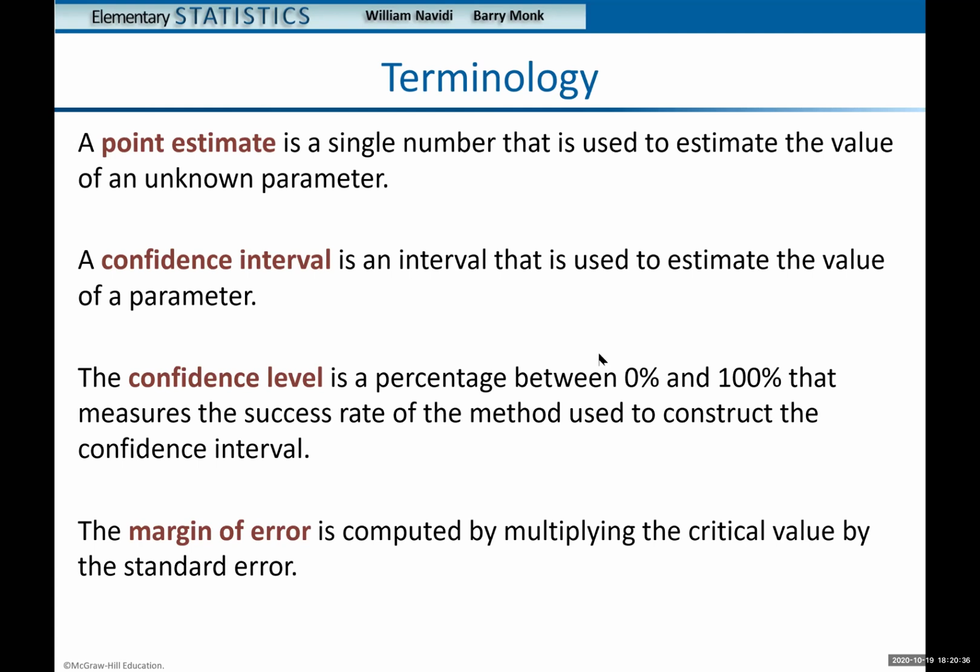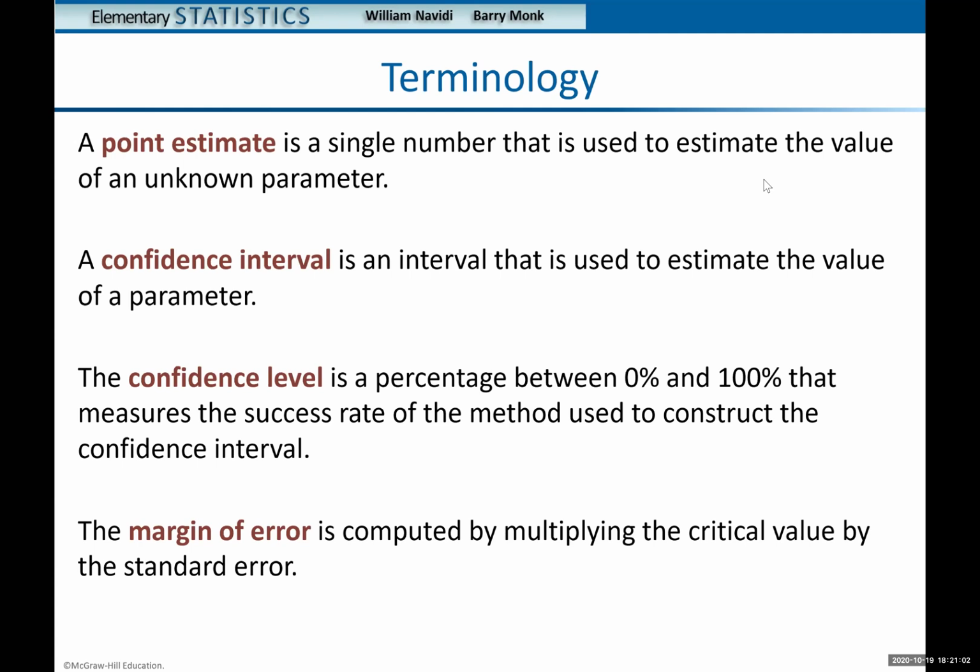All right, you're all done. Okay, point estimate is a single number that is used to estimate the value of an unknown parameter. Confidence interval, that is your final answer. That is always an interval that is used to estimate the value of a parameter. You always have two answers here, that is after you subtract and you add numbers.